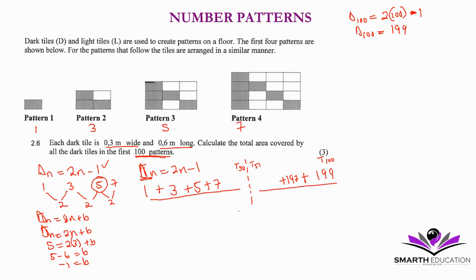Now, I want you to see this. If we say term 1 plus term 100, what do you get? We get 200. Plus term 2 plus term 99, we get 197 plus 3, which is 200 again.